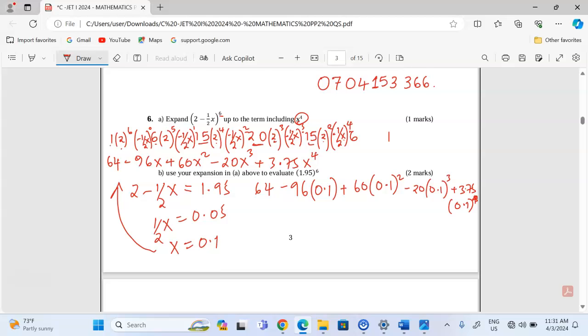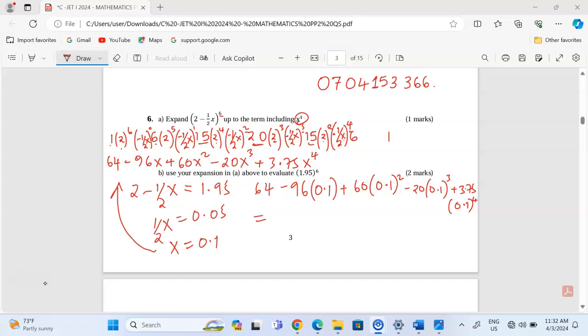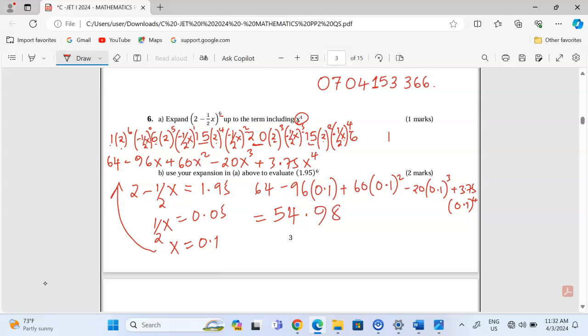This is supposed to be power 4. Let me write it well. Yeah, power 4 like that. So now I can use my calculator to compute this value, and this is giving me 54.98. This is to 4 significant figures.